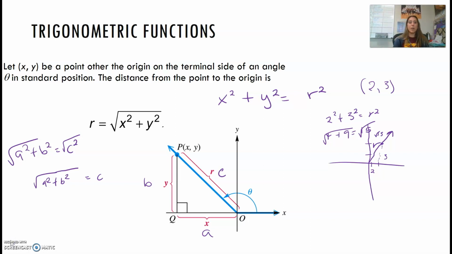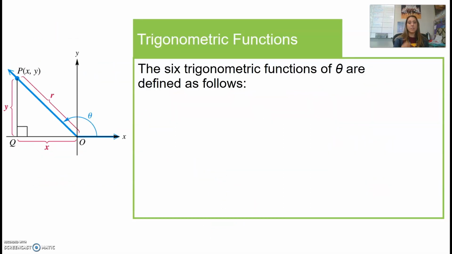We are going to move on. So now we're going to take that same triangle and we're going to add trig functions to that. If I were to use the same triangle we just came up with, and I want to use x, y, and r instead of a, b, and c, or opposite, adjacent, and hypotenuse, then sine is my y value over my r value.